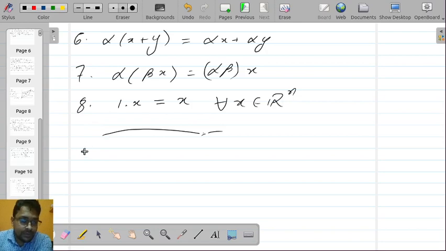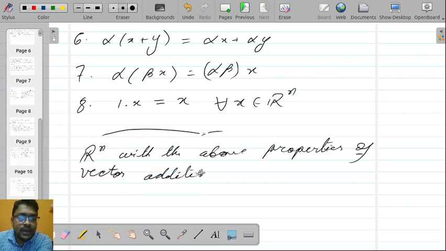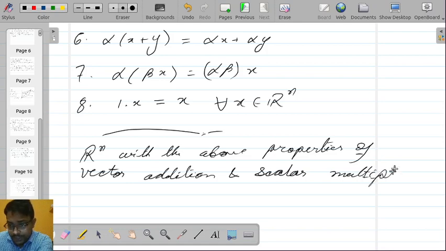So R to the power n, with the above properties of vector addition and scalar multiplication, is called a vector space.